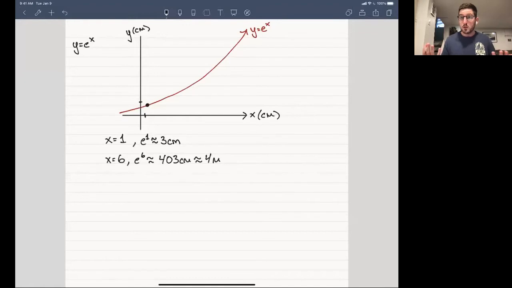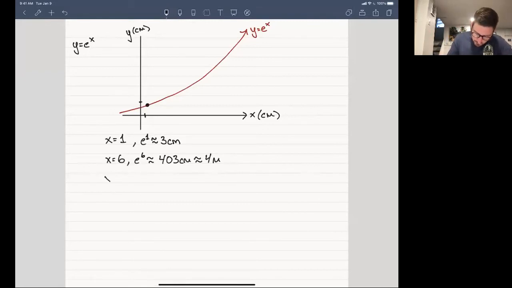What's the height of the room that you're standing in? Currently, from floor to ceiling in the room that I'm in, it's somewhere in that 2 meter range. So already, I'm not drawing this thing on the board because I've doubled the height of the room that I'm in already. And that's only going 6 centimeters over on the horizontal axis.